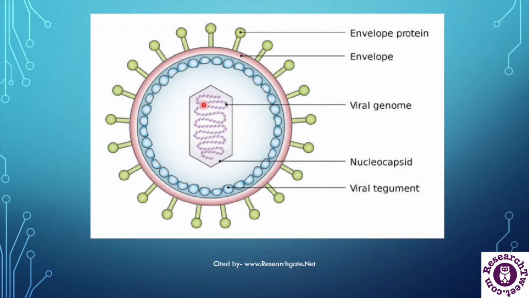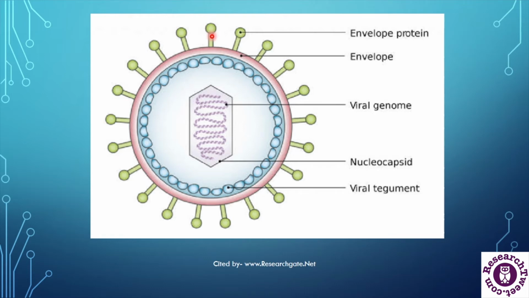There are some viral tegument proteins and an envelope, which is a protective layer also made up of several proteins, and these proteins have the information to cause infections in the host cells and also some important information about the replication of this genetic material.